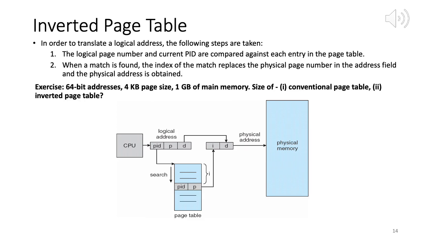We looked at two-level paging, and then we saw that in some schemes, even with two-level paging, the size of the outer page table is still huge. Then we can go for 3-level, 4-level, 5-level paging. So that was hierarchical paging, and we saw how address translation can be done. And then we looked at the inverted page table, in which the page table is indexed according to the physical address.